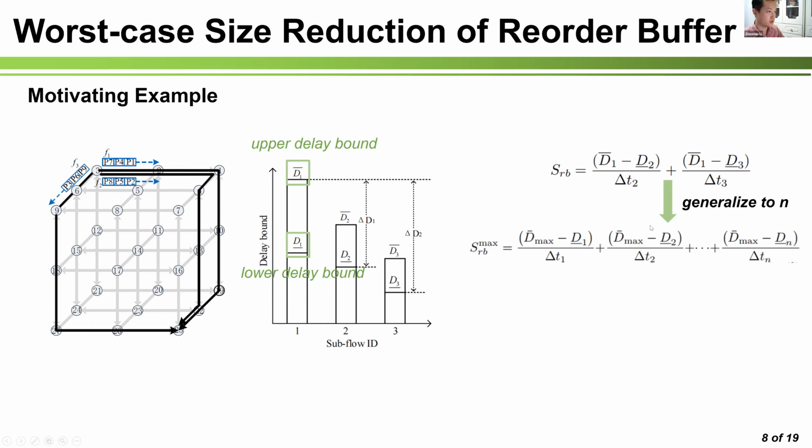So we extend the equation and further derive SRB max, which is the worst case reorder buffer size for any number of subflows. Note here, D max bar means the maximum of all D i bar. And here delta Tn represents the packet injection intervals.